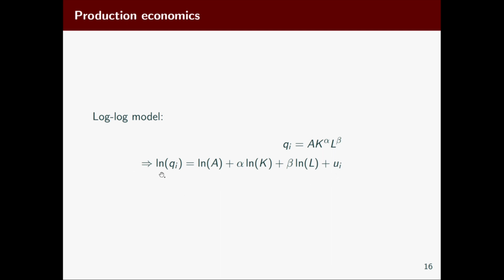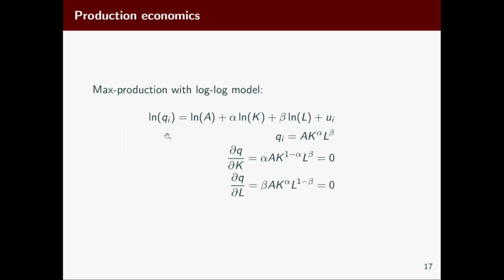The log of quantity produced is now a function of the log of A plus alpha times log of K plus beta times log of L. That's our new functional form, and now we can run that regression. Once we run it, we get estimates for alpha and beta. Then we can exponentiate both sides and get back to our original Cobb-Douglas production function, but now we know what alpha is, what beta is, and we also have an estimate of what A is.